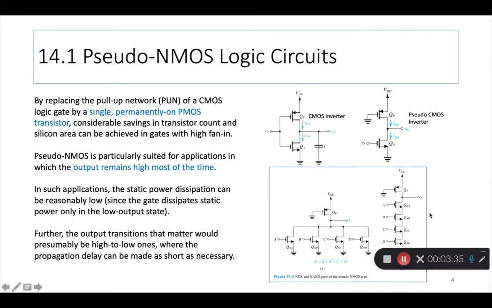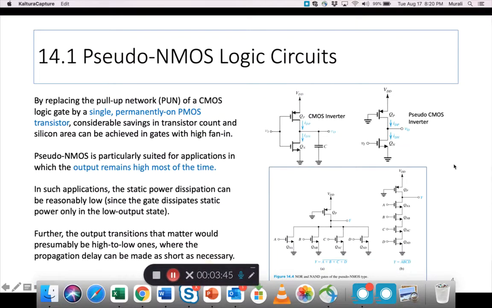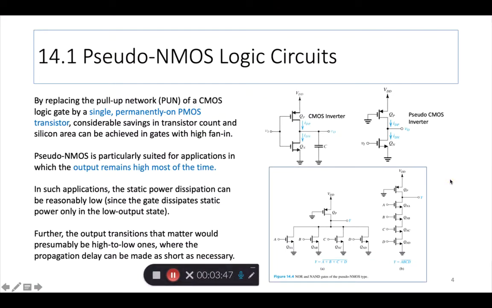So there are some approaches and some technologies which have been tried in the past, and they help overcome at least a few of the problems with CMOS. The first of these, 14.1, is something called pseudo NMOS logic circuits.